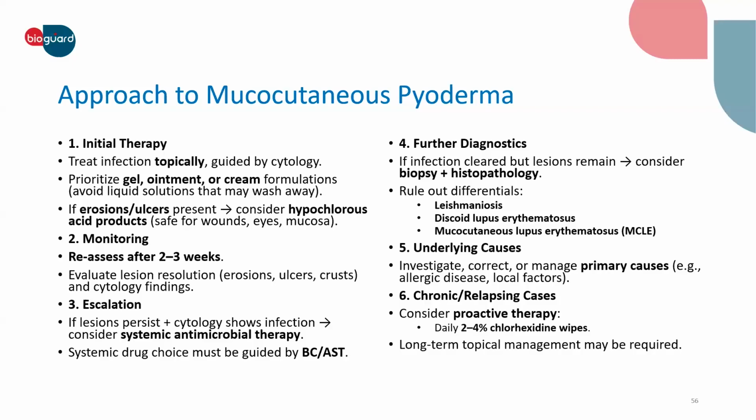Then reassess after 2 to 3 weeks and evaluate lesion resolution. If the lesion persists and cytology shows infection, consider systemic antimicrobial therapy. The systemic drug choice must be guided by BCAST. And if the infection has cleared but the lesion remains, consider biopsy and histopathology to rule out other diseases.